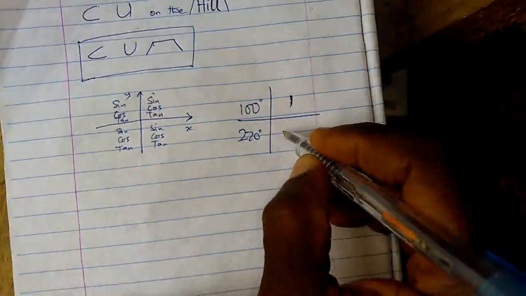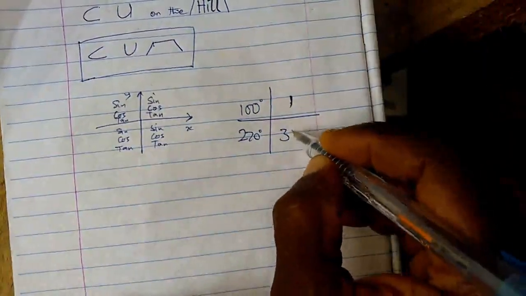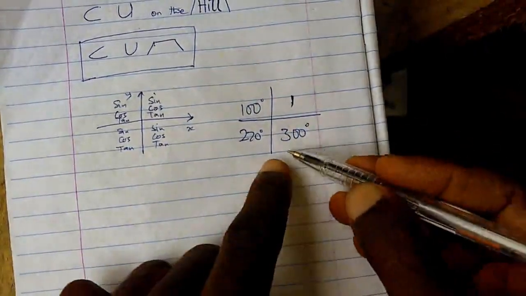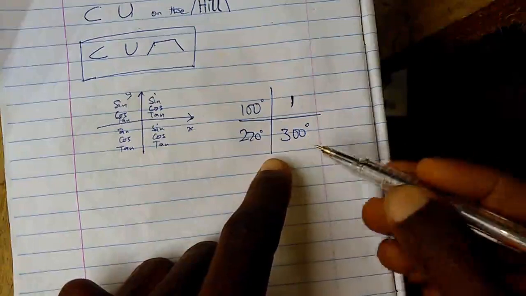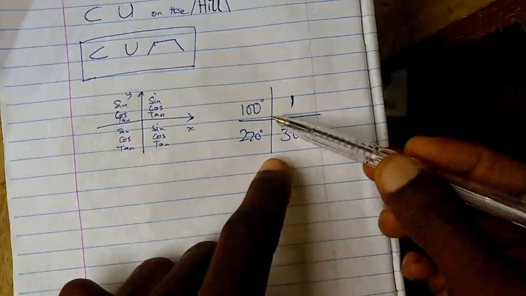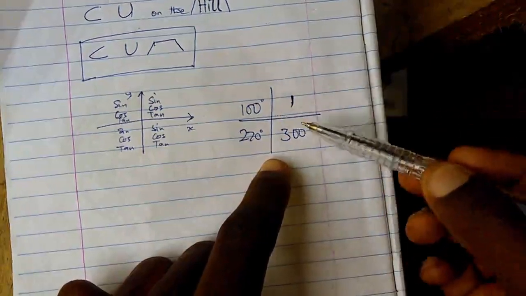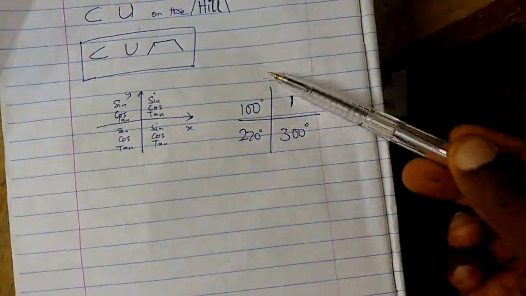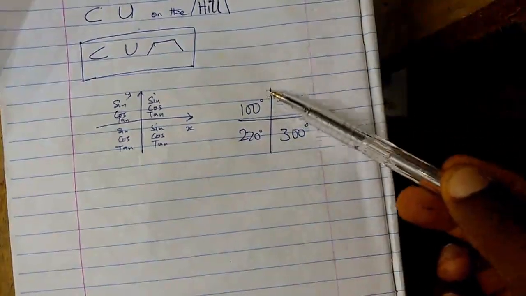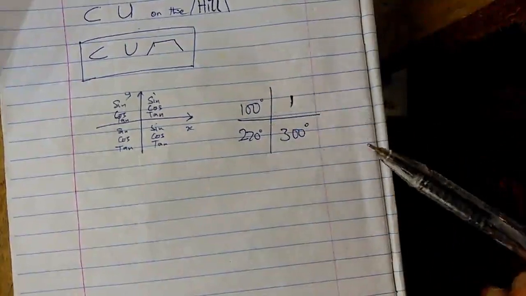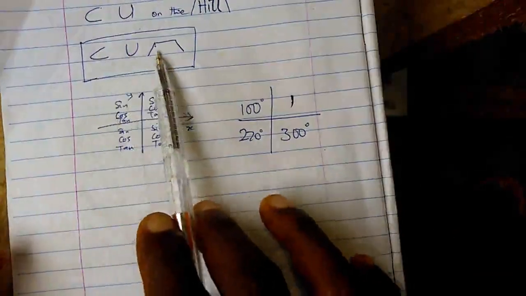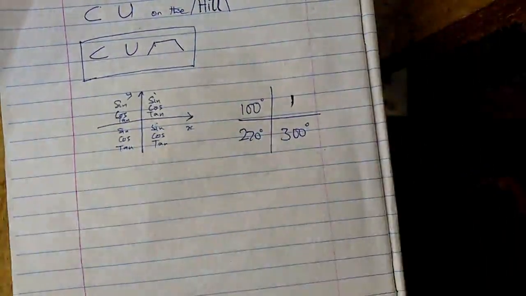Or maybe you have 300 degrees. 300 degrees has a result similar to the result of another angle in the first quadrant. So every angle in every quadrant has a representative in the first quadrant. This is always confusing, but this CAST will solve all those problems.